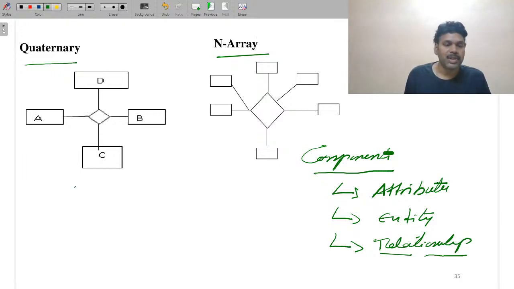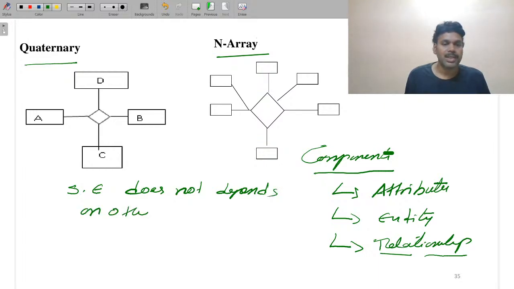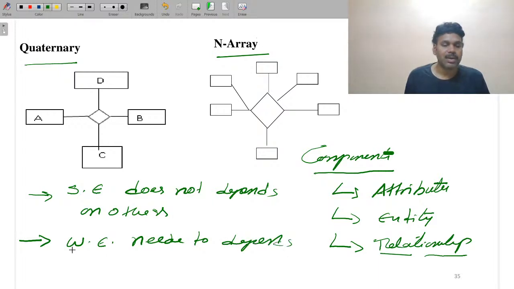Please observe, friends, strong entity does not depend on others. This is an important point for the next lecture. But you observe the reverse: weak entity needs to depend on strong entity.